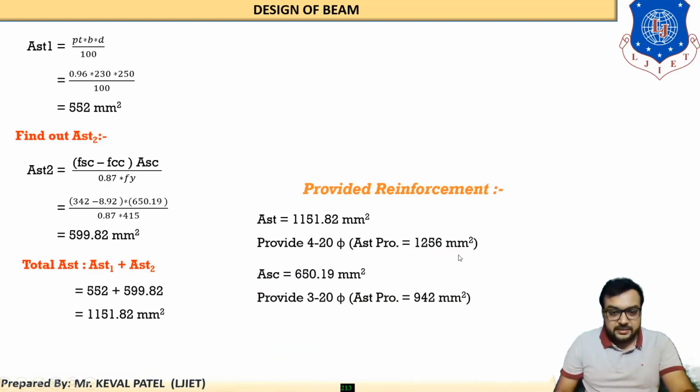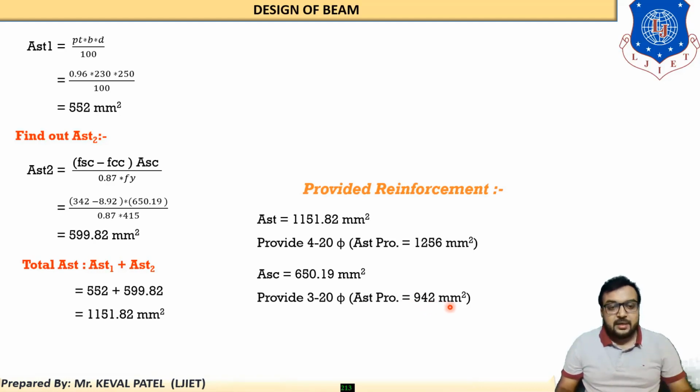Similarly, our Asc is 650.19 mm square, so we provide 3 numbers of 20 mm diameter, so provided Asc is equal to 942 mm square.